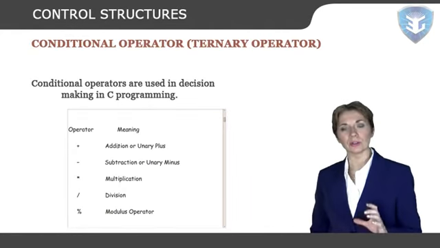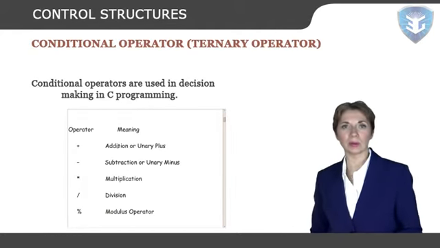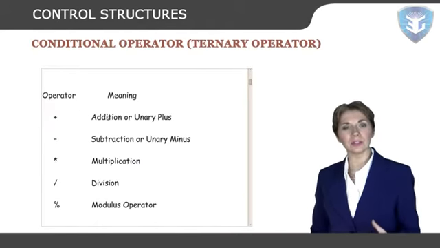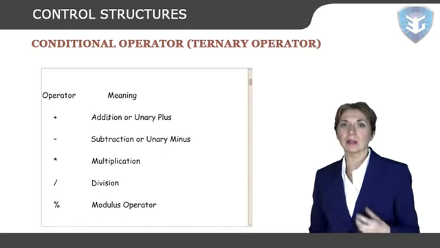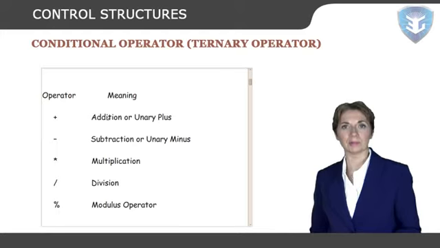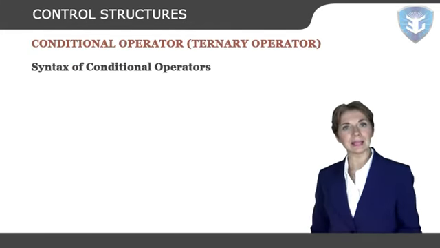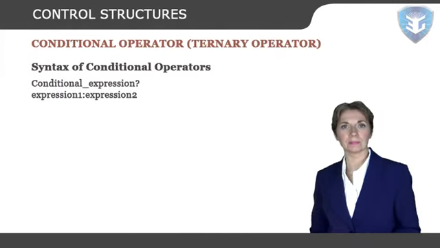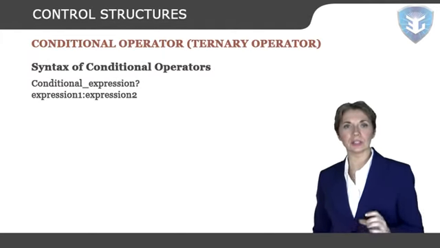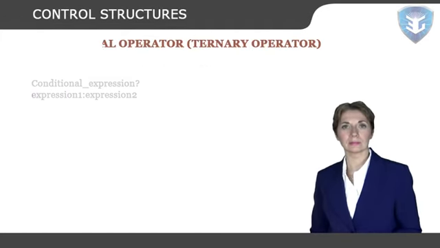Conditional operators are used in decision-making in C programming. That is, it executes different statements according to the test condition, whether it is true or false. Syntax is shown on the screen. If the test condition is true, expression 1 is returned, and if false, expression 2 is returned.